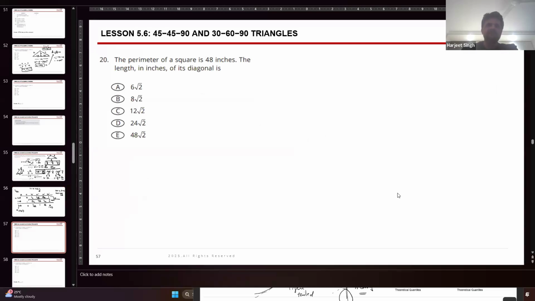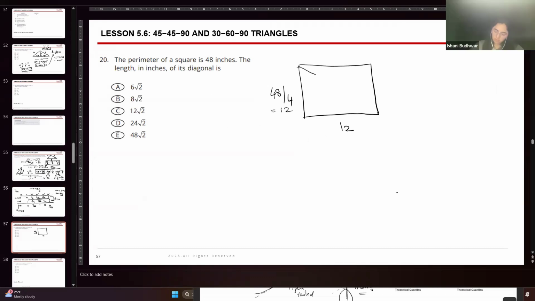Let's do this. Perimeter of a square is 48. And what is the length of its diagonal? So perimeter is 48, right? So can I write 48 by 4 is the side, which is 12 each.